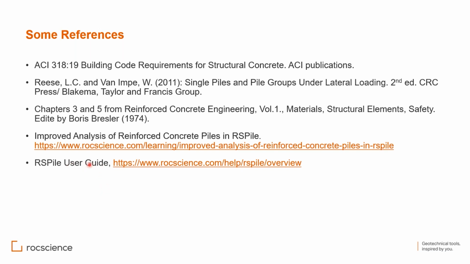And there is a specific place for that documentation. That is the RSPile. Sorry, this is for the article that I've talked about, and this is the user guide. You will find everything here, or even this one. You can find it under this one.